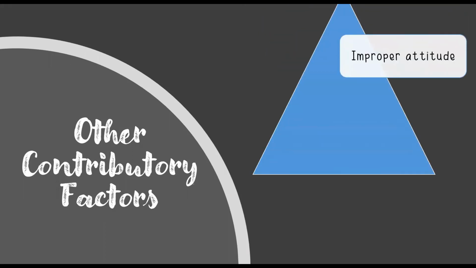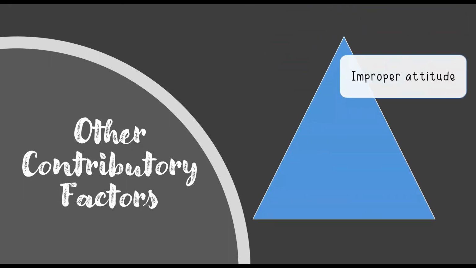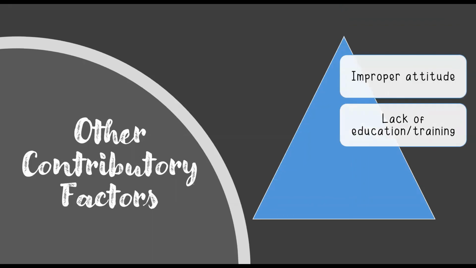Other contributory factors, improper attitude. Nasa personality na talaga ng worker. Kahit anong training, kahit anong proficiency testing ang ipinasali sa kanya, pero accidents still happen, ay baka resistant si worker or baka rebellious ang nature ni worker kaya ayaw niya mag-follow sa protocol, ayaw niya mag-follow sa policy, baka ganun. Okay? Lack of education or training, syempre ito given talaga ito.